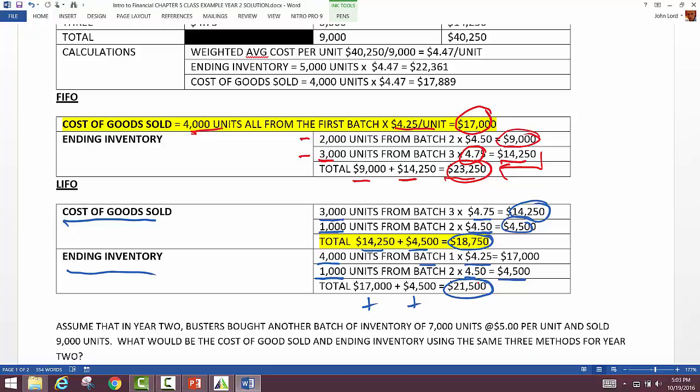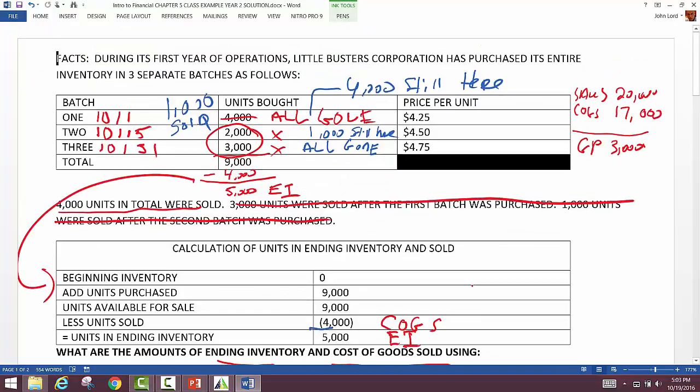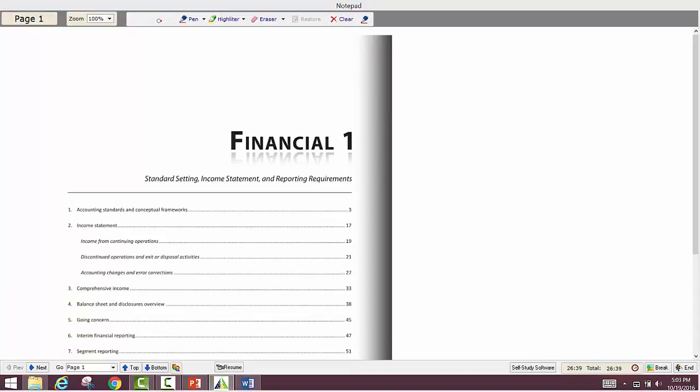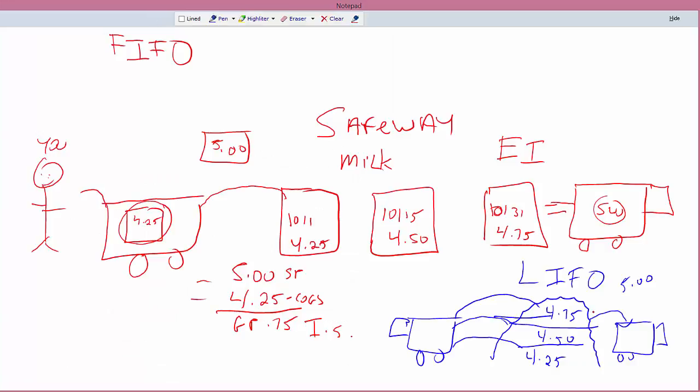How many items did we sell? We sold 4,000 items. Our presumption is what? We sold all 3,000 of those ones that were sitting at the top of the pile. We sold all of these ones here. Those are all gone, aren't they?